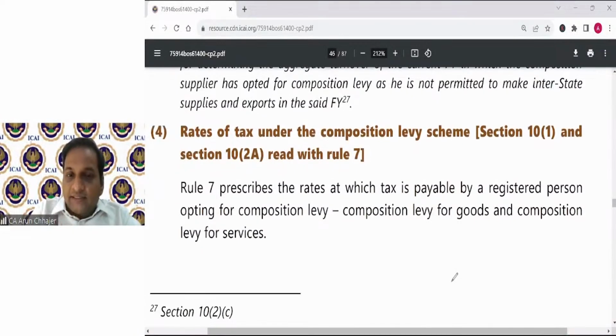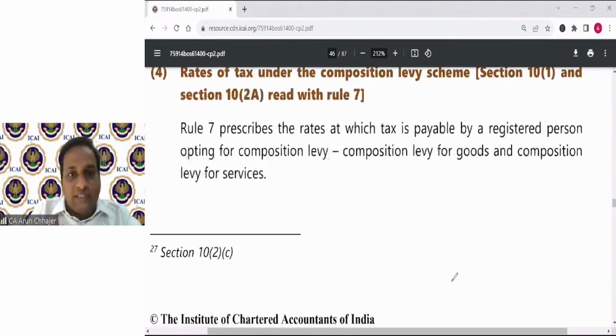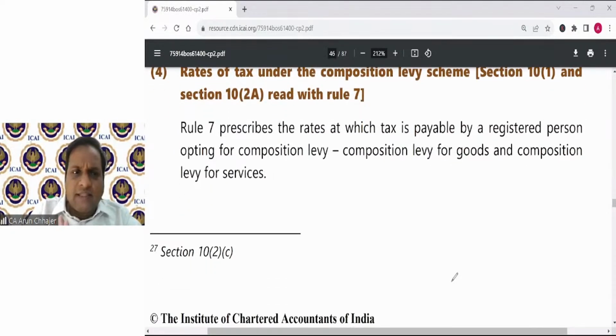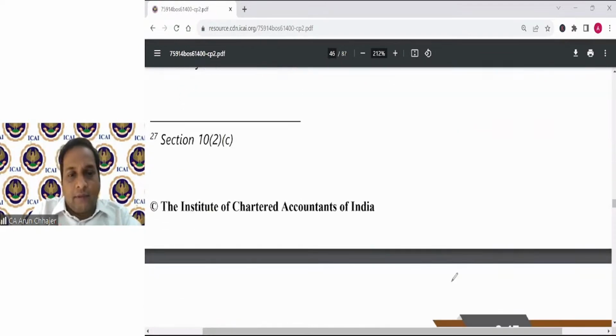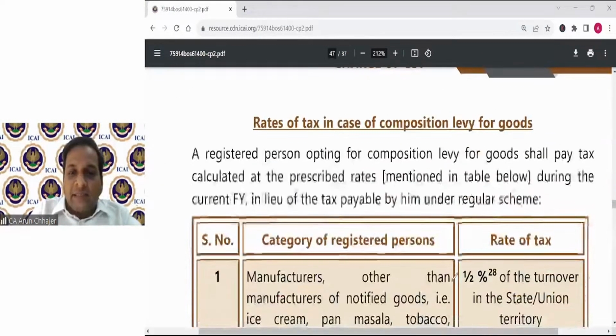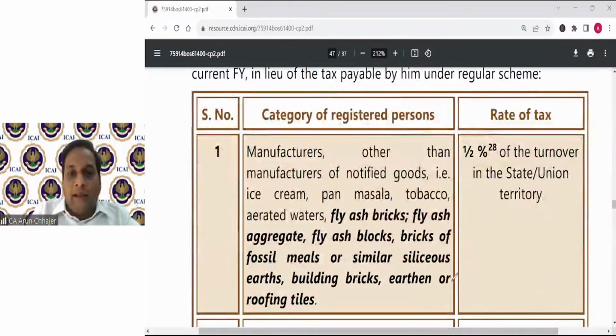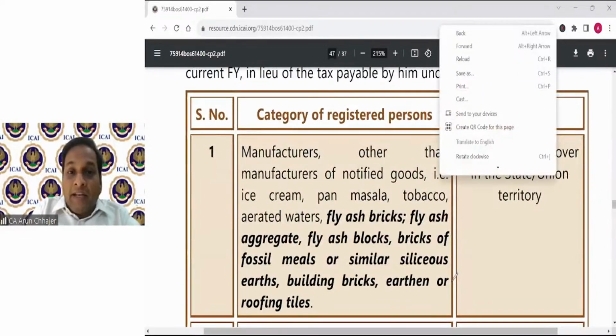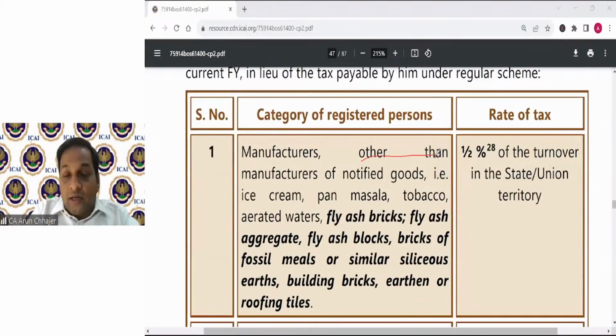The rate of the taxes under composition levy, section 10(1) and section 2A, read with rule 7. So we have already discussed. Let me discuss once again. What is the rate of the taxes? So if you are manufacturer of the goods other than notified, which are the notified?